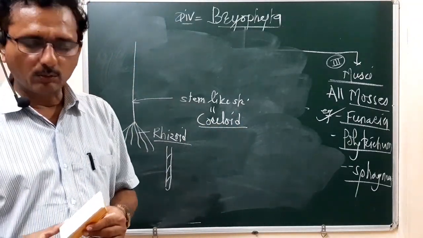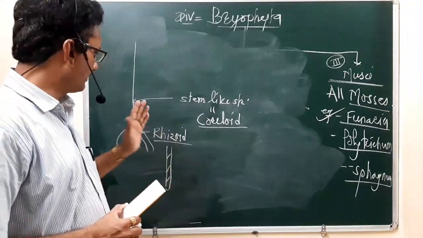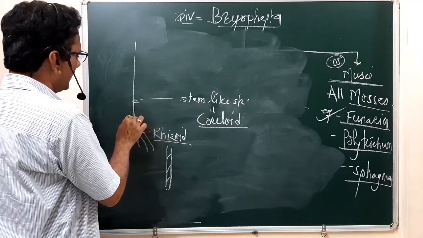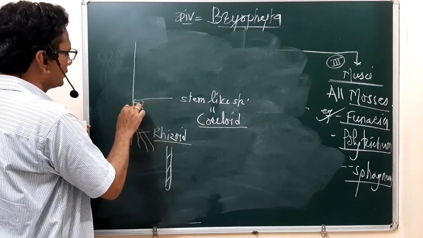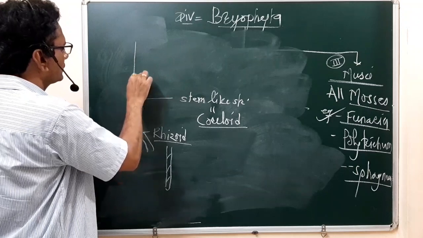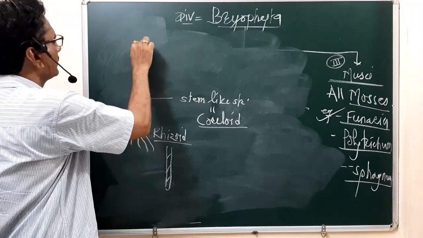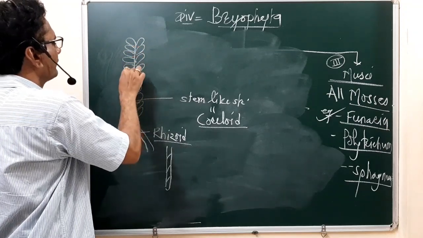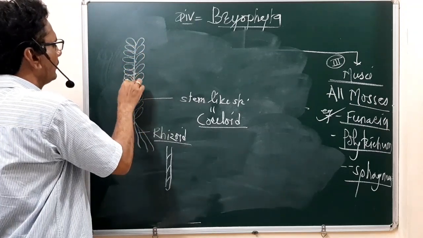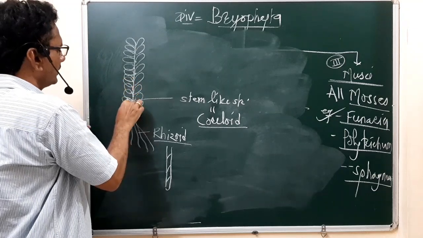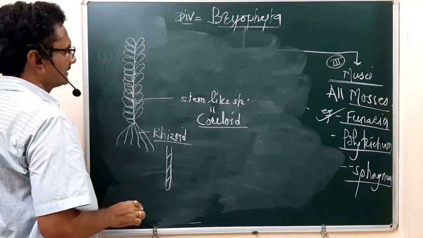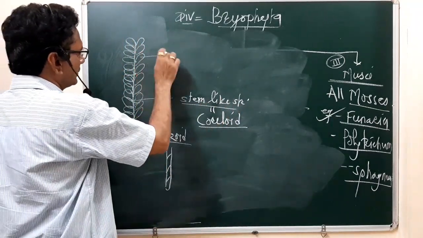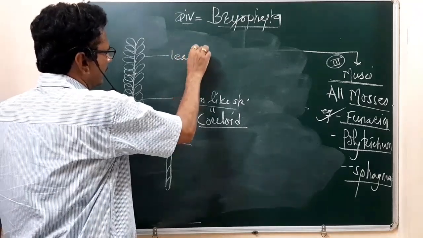Cauloid. Okay, cauloid-like structure, stem-like structure, and over that stem-like structure, leaf-like structures are developed. These are not true leaves. Such leaf-like structures are developed over the centrally placed stem-like structure.